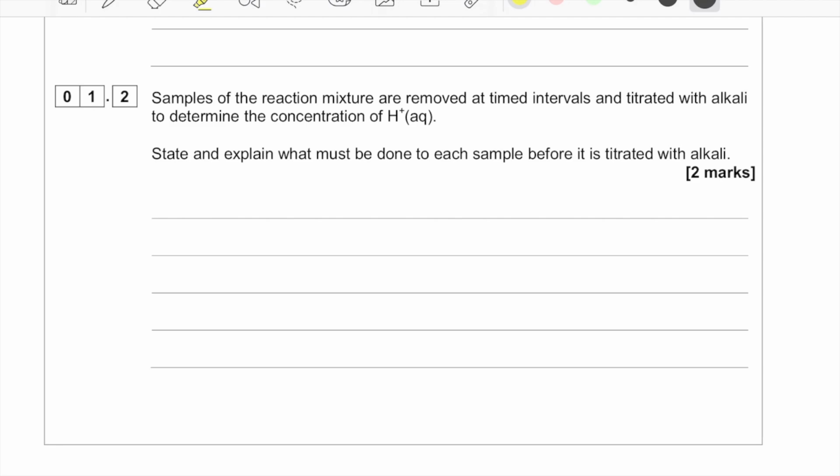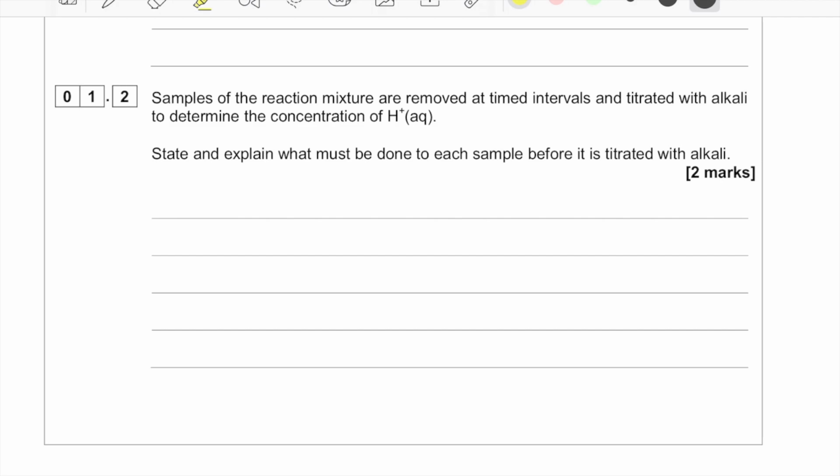The reaction is just going to keep going. Let's say you've taken 20 centimeters cubed of your reaction mixture and you've put it into a conical flask because you're going to do a titration. The reaction hasn't stopped just because you have removed it from the original reaction mixture. It's just going to keep going.